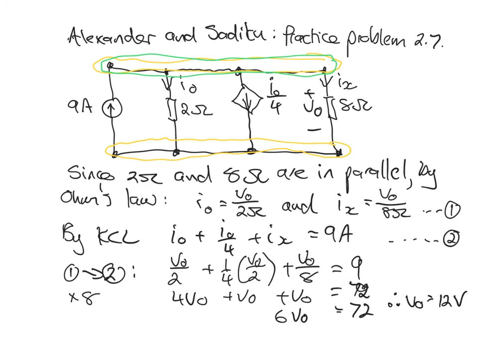And now since we know V_O, we can also calculate I_O. So I_O is equal to 12 volts divided by 2 ohms, and that's equal to 6 amps. Okay, and that's the solution to that problem. Okay, everyone happy with that?